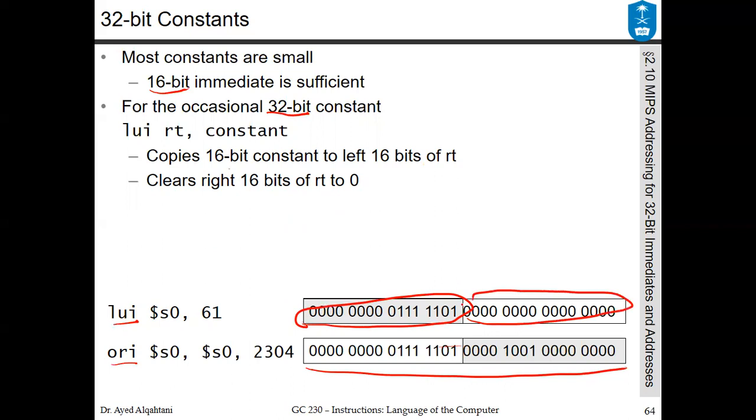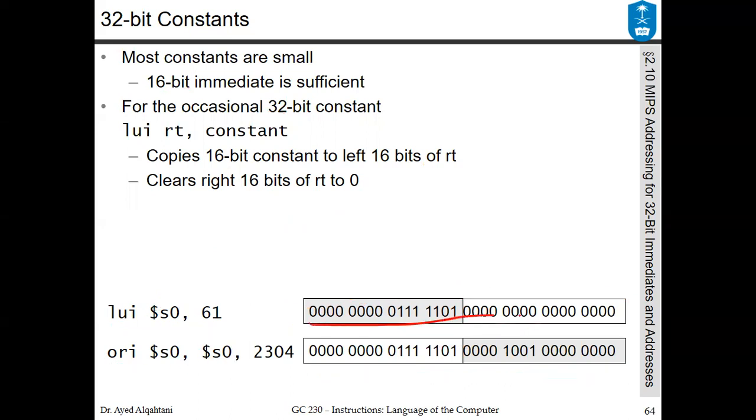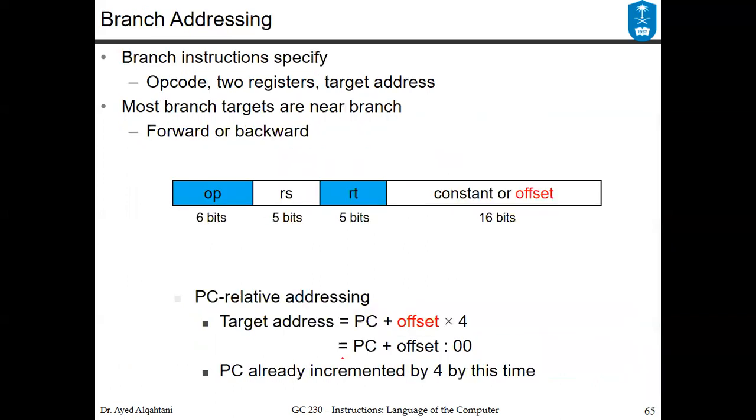And after that, now you have this in register S0. You do the OR immediate between the S0 and this value here. When you do the ORing, you will end up with what you see at the end here.